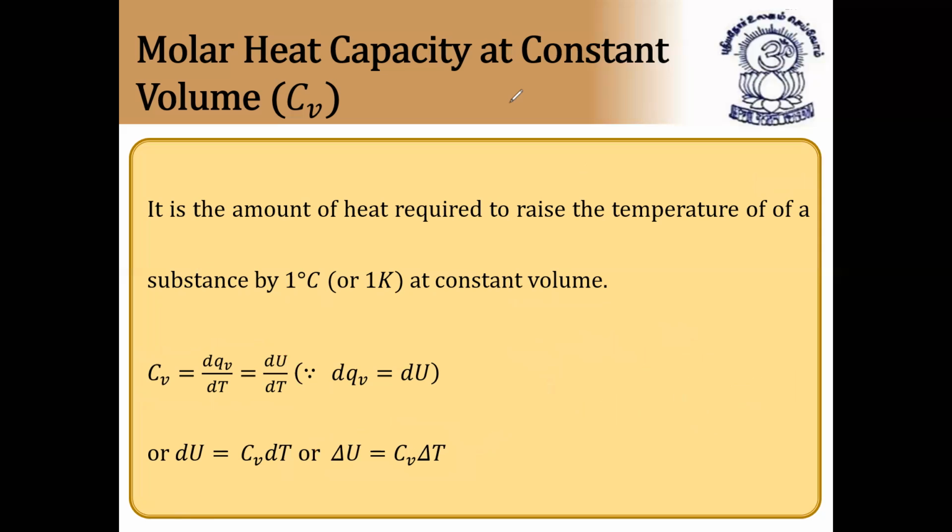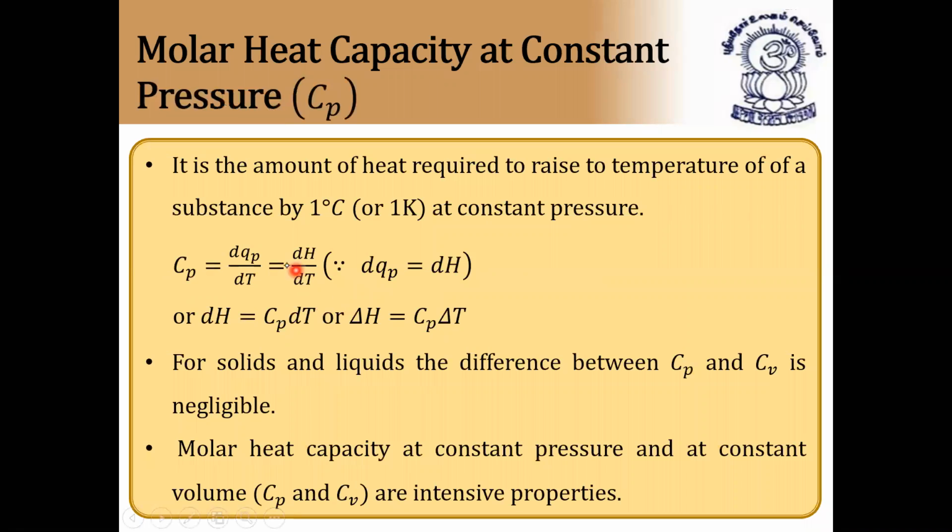So what is molar heat capacity at constant volume? It is the amount of heat required to raise the temperature of 1 mole of a gas by 1 degree C at constant volume. At constant volume is important here. Next, molar heat capacity at constant pressure.